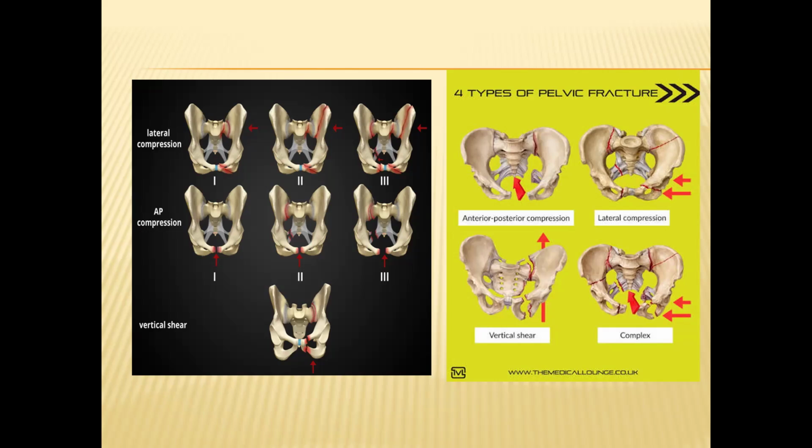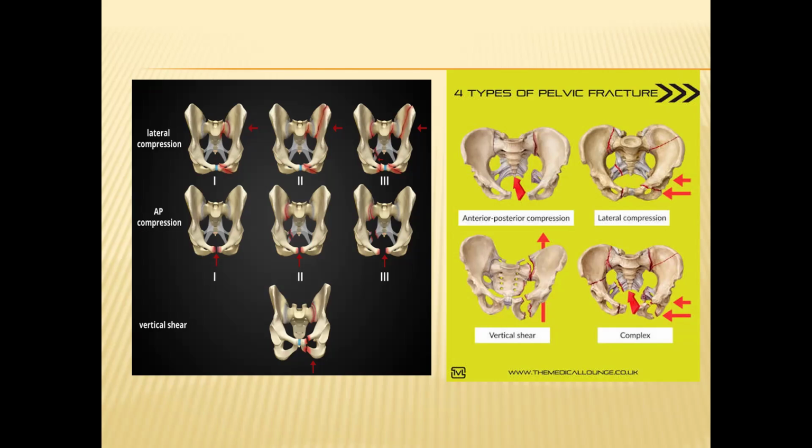In anterior posterior compression, if there is complete rupture of the symphysis pubis, it will lead to an open book fracture of the pelvis. And this is a high risk fracture, which can lead to injuries to the pelvic organs, the blood vessels, and the nerves.